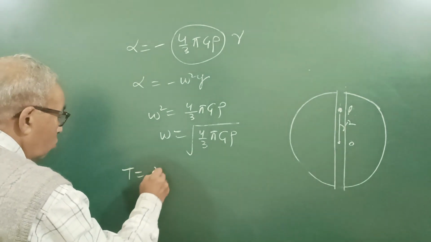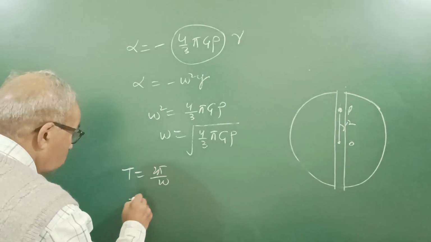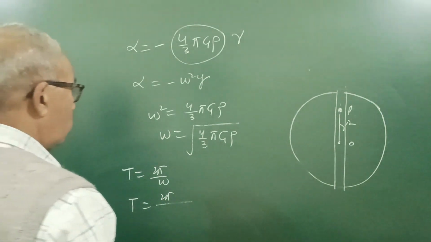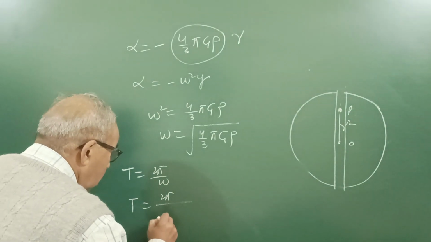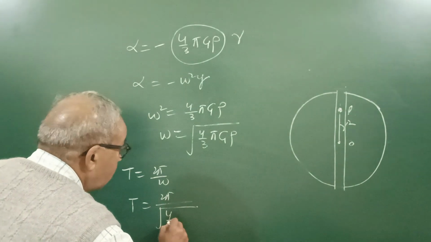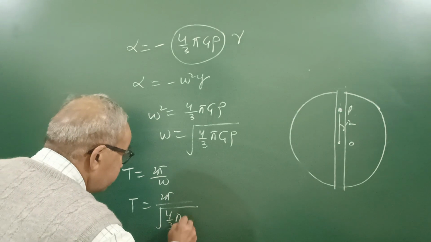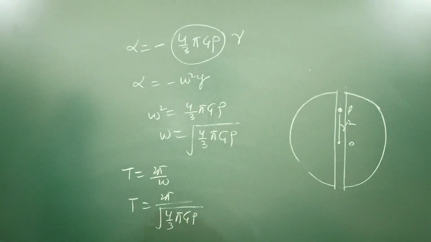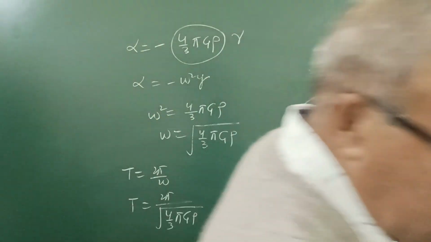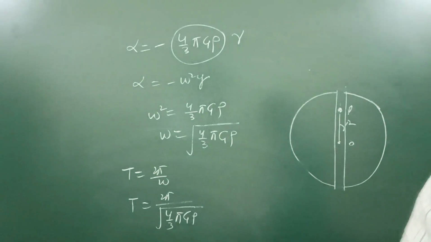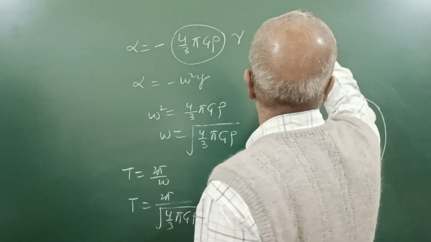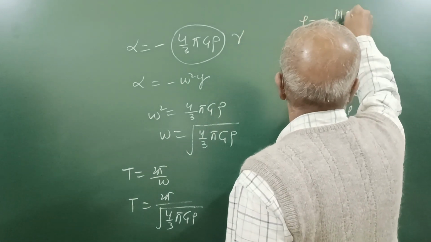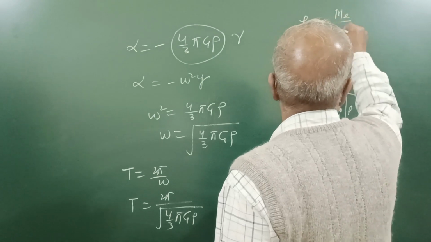And time period is 2 pi upon omega, so T comes 2 pi upon under root 4 upon 3 pi G into rho. So it looks that it is different. But you will find if you put the value of rho in terms of mass of Earth, where rho is equal to M_E upon 4 by 3 pi R cube.